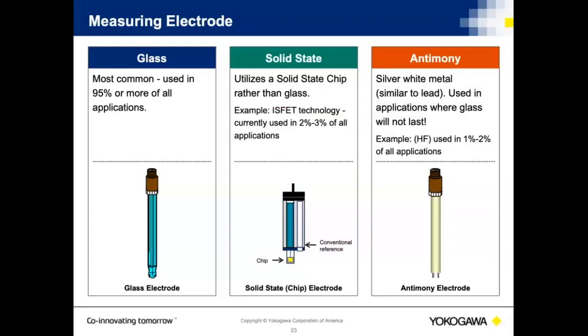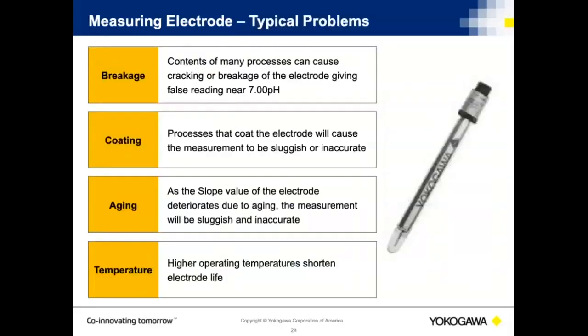There are some other solid state electrodes out there that utilize enamels to attract the hydrogen ion to them. And we also have sodium ion sensitive pH electrodes that are used in place of a reference probe. The main issue with the measuring electrode is breakage. Over my career, I've probably broken more pH electrodes because I didn't handle them properly.